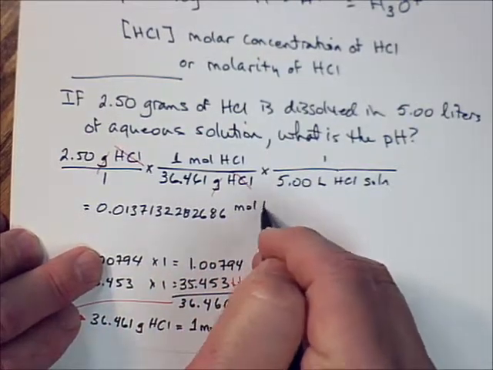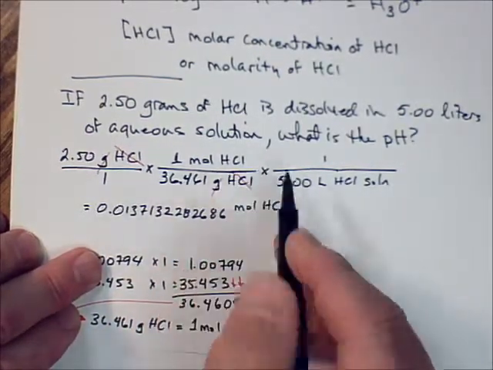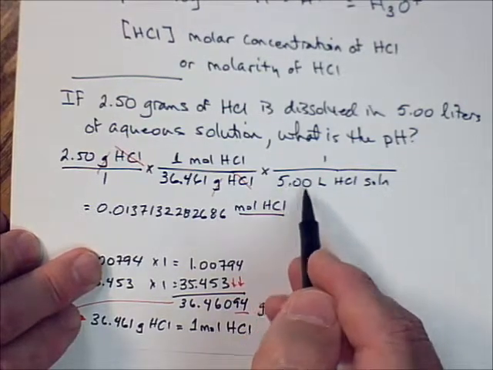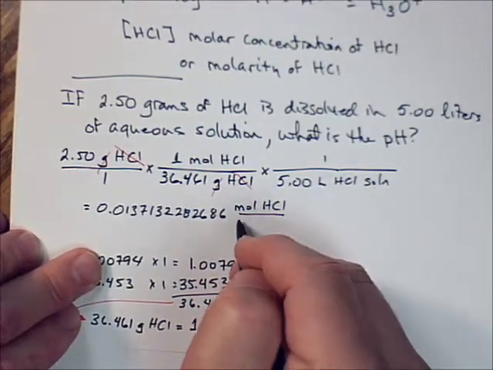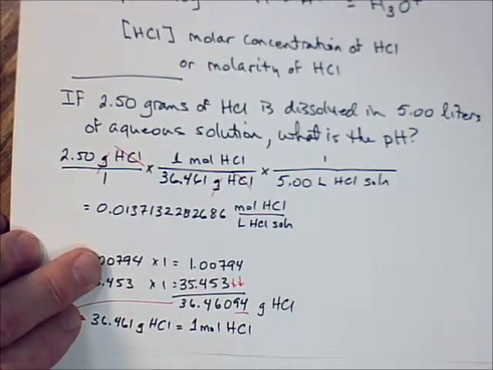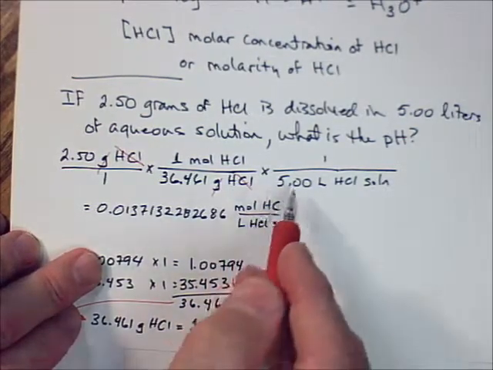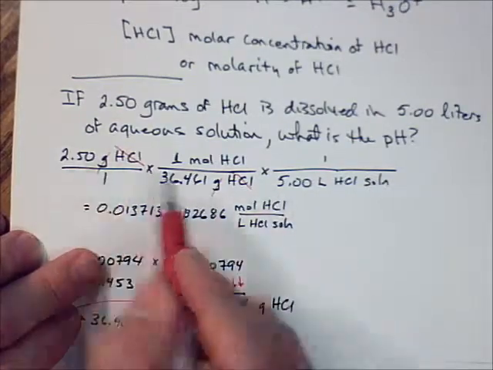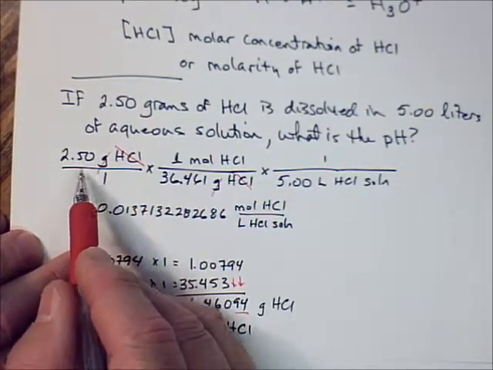And that's moles of HCl, that's what we have left on the top here, over liters of HCl solution on the bottom. We're going to round that off to these numbers, measured and calculated numbers.